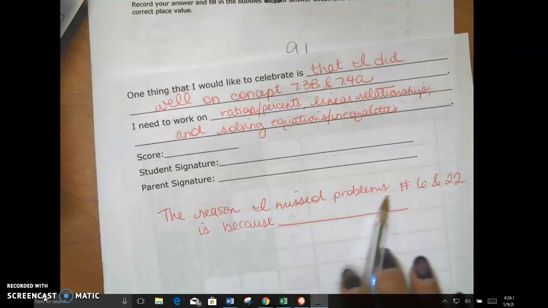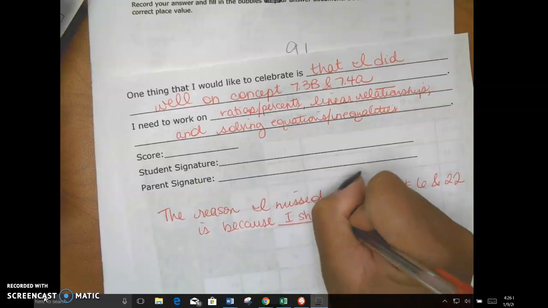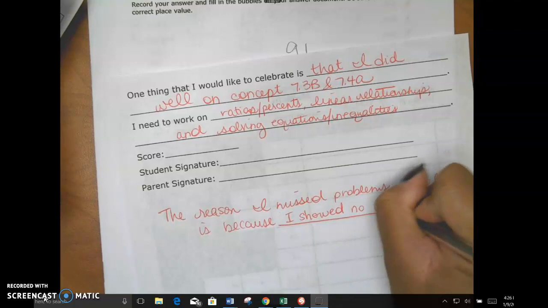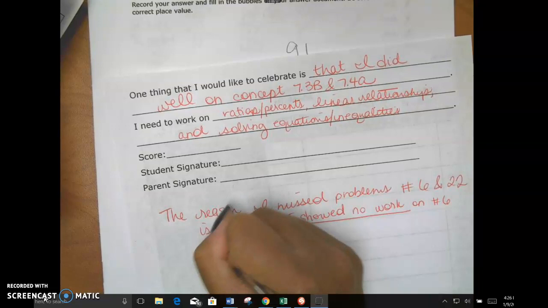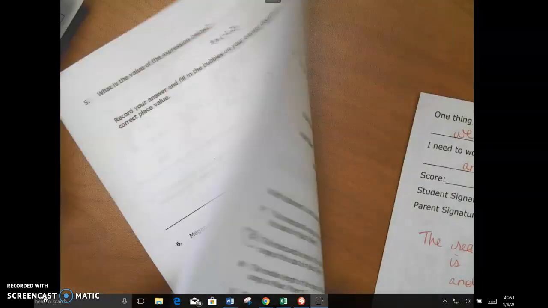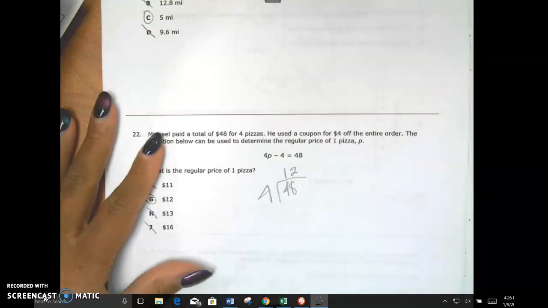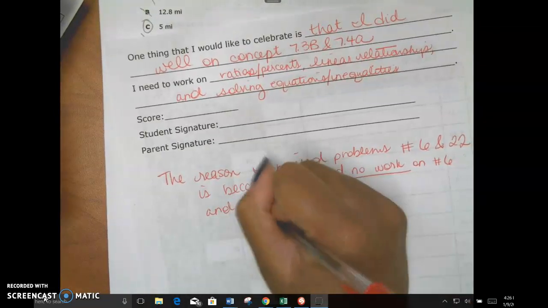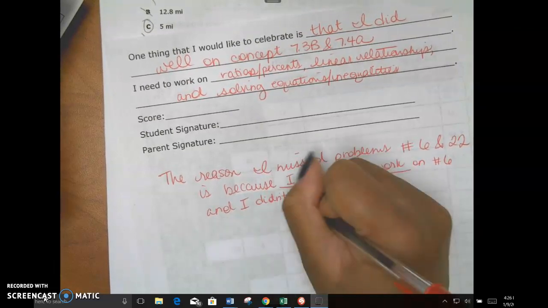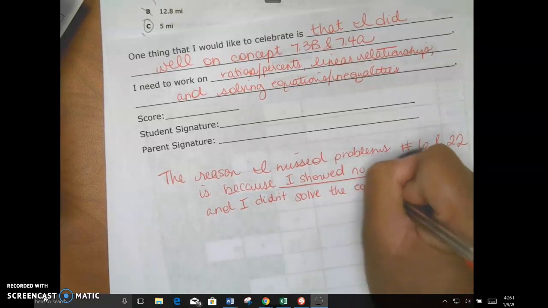The reason I missed problem number 6 and 22 is because I showed no work on number 6, and let's go to 22. And I did not follow Ms. Starling's steps. Or I didn't solve the equation correctly.